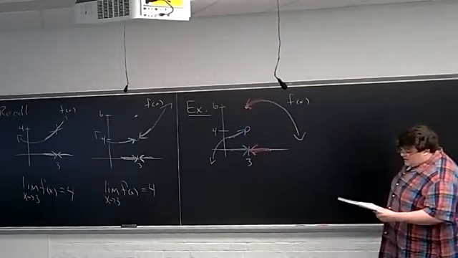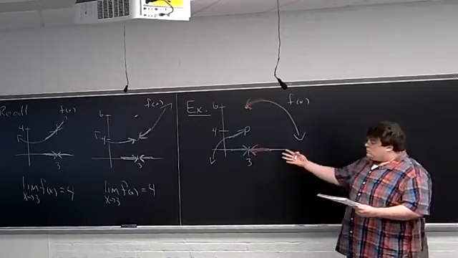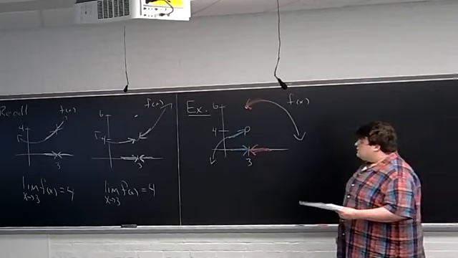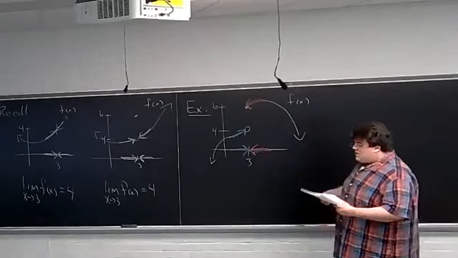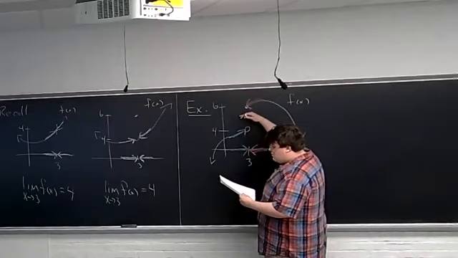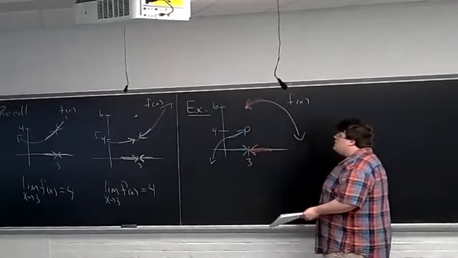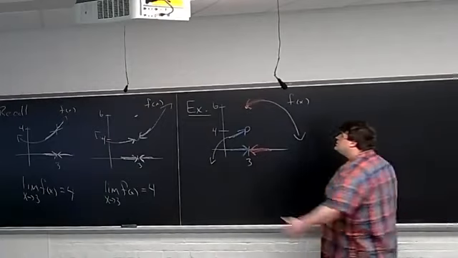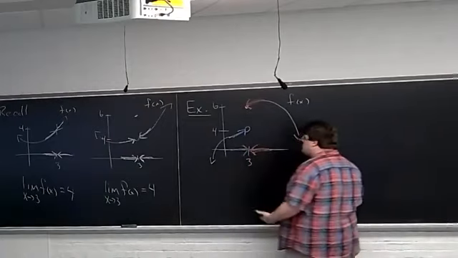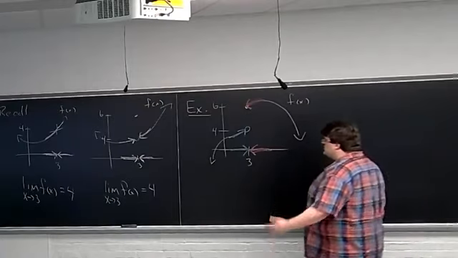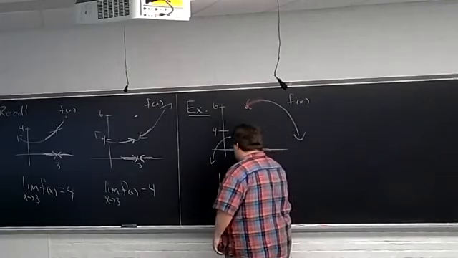If all values of f of x approach L as the values of x approach A, then we say the limit is that L value. So if all values approach a number as x approaches 3, well, we have two different numbers, 6 and 4, as x approaches 3, because we have multiple ways of approaching 3. When that happens, the limit will not exist.